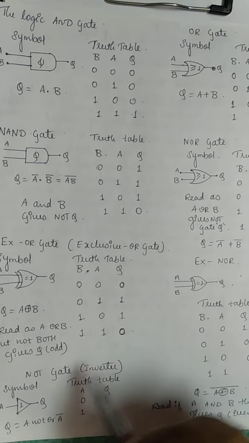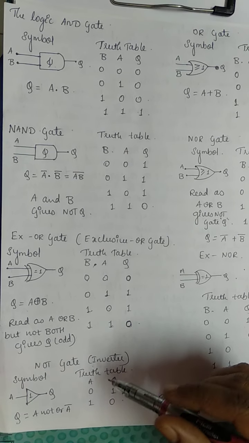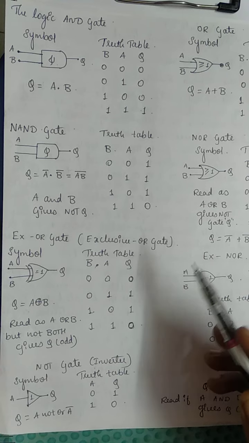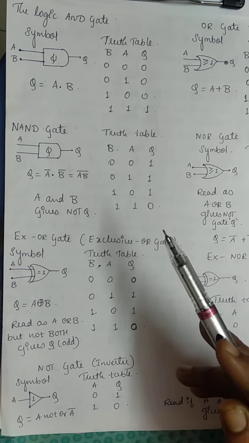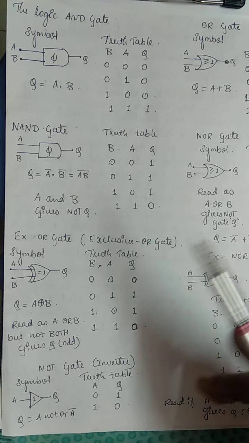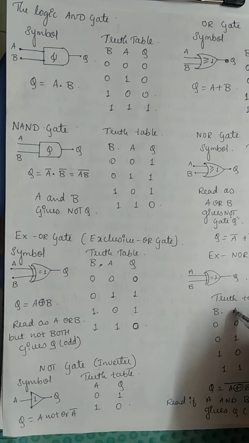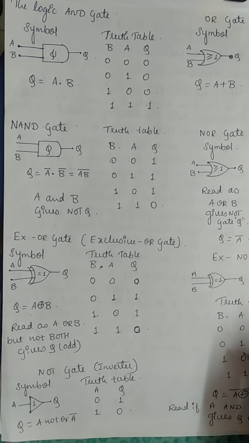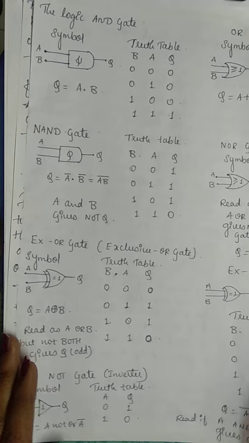The NOT gate comes under the single logic gate, where we have studied the hex buffer and NOT gate. NAND gate is a combination of AND gate and NOT, and NOR gate is a combination of OR and NOT. So till now we have studied all these things.